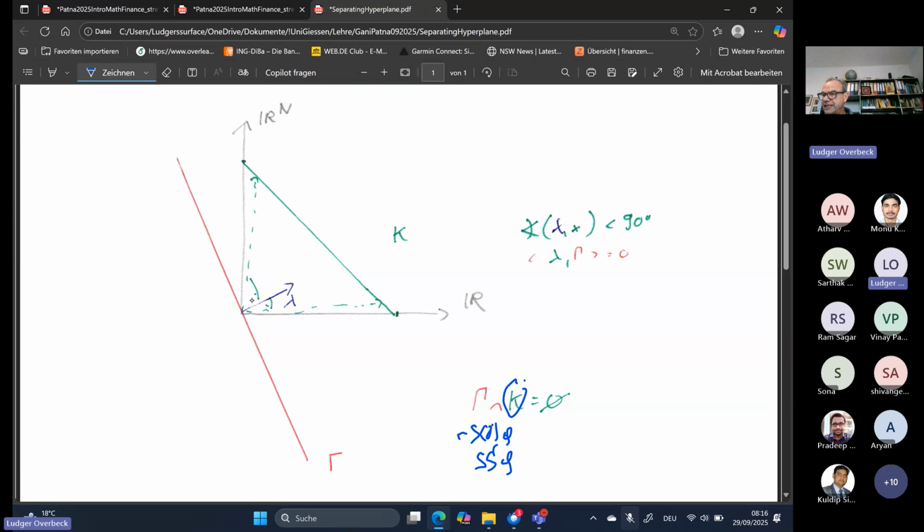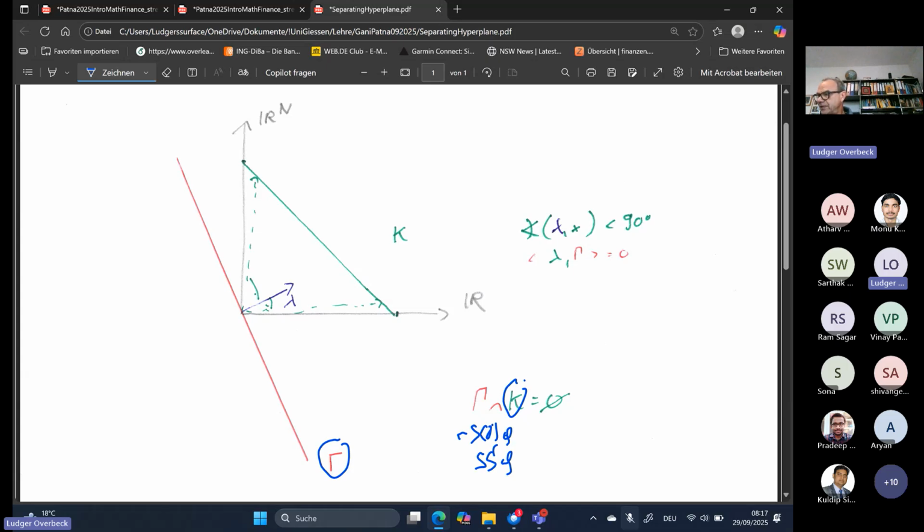But you see all the angles between points in this K and this one are smaller than 90 degrees, meaning the scalar product is positive. That's the separating hyperplane. We apply it to this situation: gamma are the reachable claims, the values of portfolios in the next time step, and this gives you the state vector finally, lambda, which we later call psi.